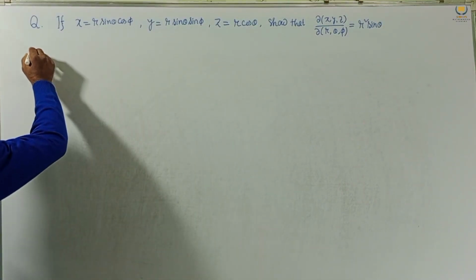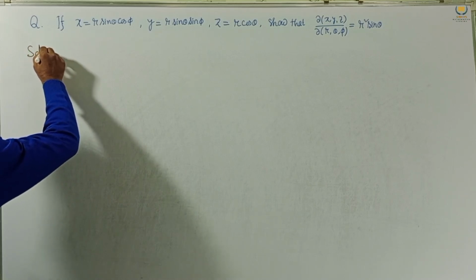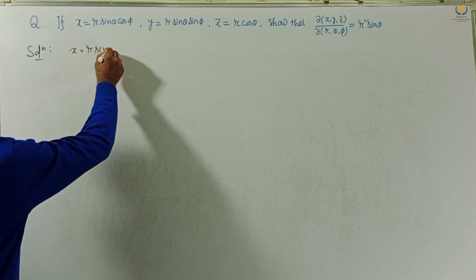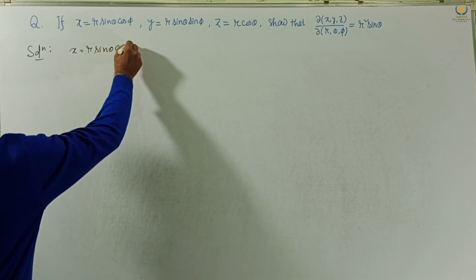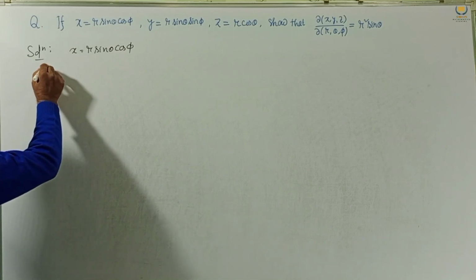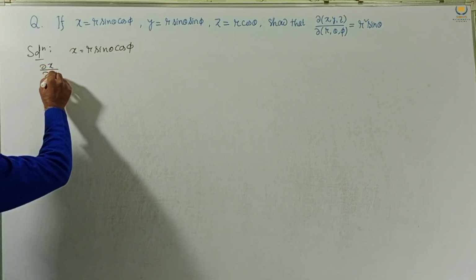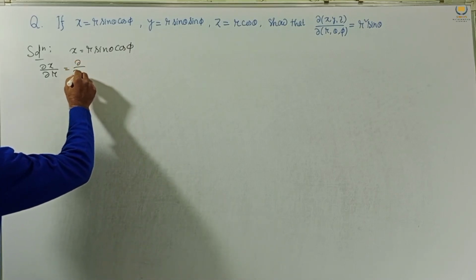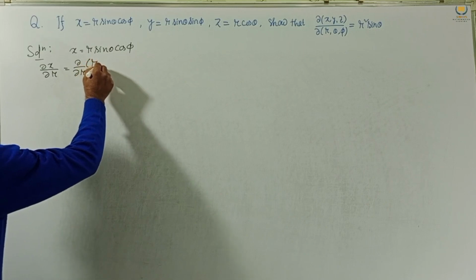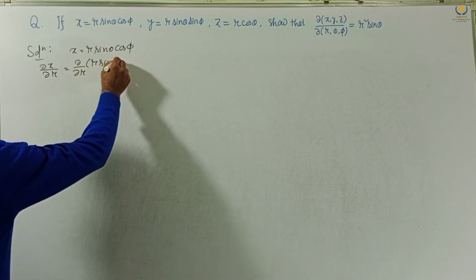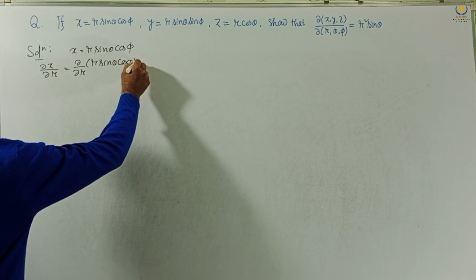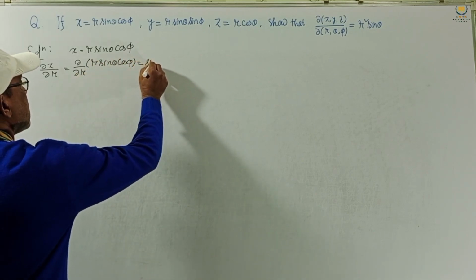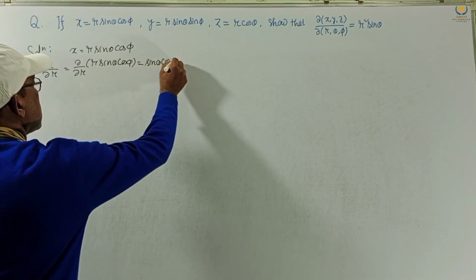Now the solution starts. First we consider x equals r sin theta cos phi. Del x by del r: r is 1, so we get sin theta cos phi.